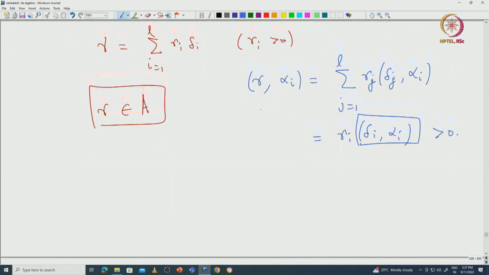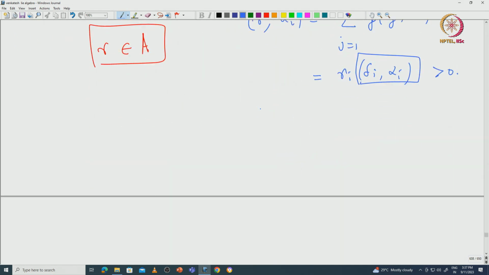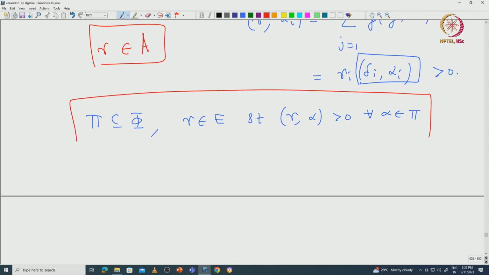Now, how does one use this? You can go back to our pi, that pi that we have inside phi. Then you can use this earlier observation and choose gamma inside E such that this gamma of alpha is positive for all alpha in pi. This can be done using our earlier observation.